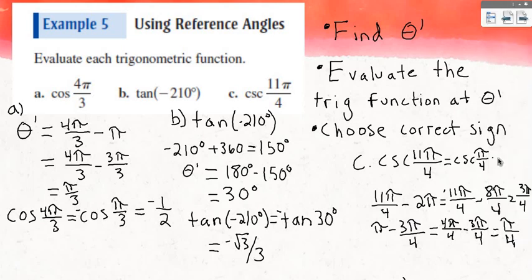So we know that this is going to equal the square root of 2. And then our last thing we need to decide is if we're positive or negative. We know that we're in our second quadrant, and we know that sine is positive in our second quadrant, which means that its reciprocal must also be positive. So we have a positive square root of 2.